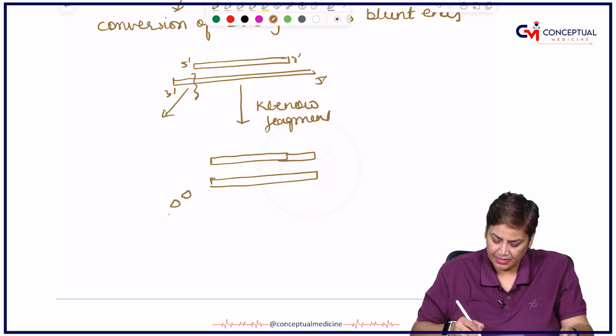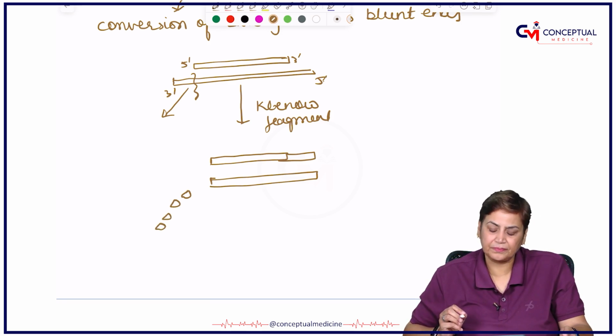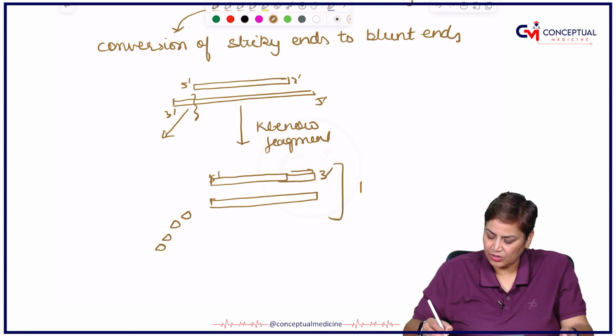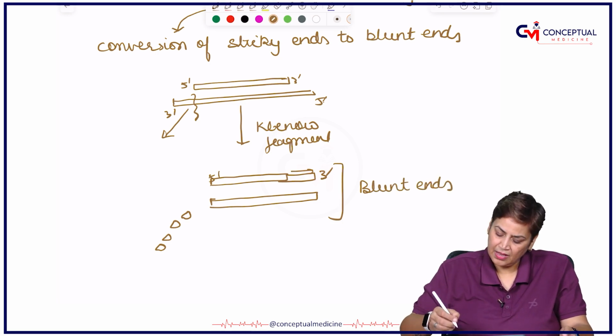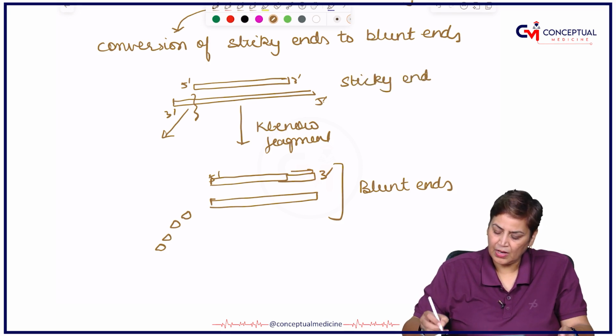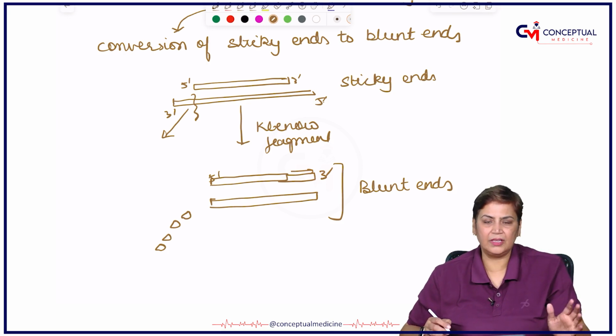These fragments will be removed like this, and what we get is 5' to 3', and this is the formation of blunt ends. And this is sticky ends. So this is one function of this.